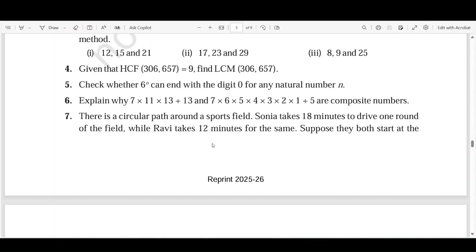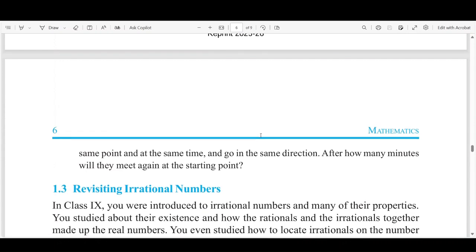But Ravi is quite faster than Sonia. So if they both start at the same point, in the same direction and at the same time, definitely Ravi will complete one round earlier than Sonia. So after how many minutes will they meet again at the starting point? This is what we have to determine.